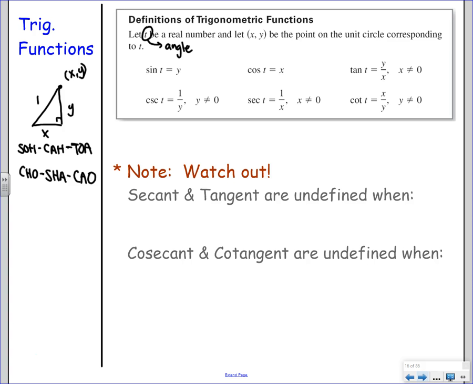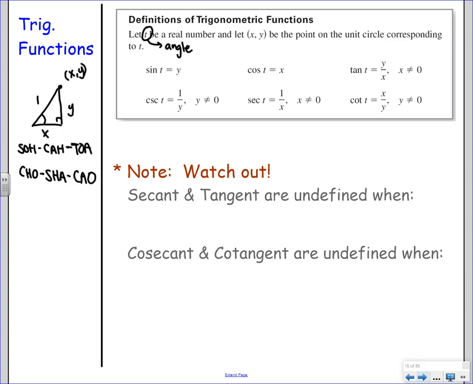I'm sick. I'm done. So if you want to review SOHCAHTOA CHOA you can look up there and say sine, opposite over hypotenuse, y. Cosine, adjacent over hypotenuse, x. Tangent, opposite over adjacent, y over x. CHOA, if you guys have never heard that before, is cosecant: hypotenuse over opposite.